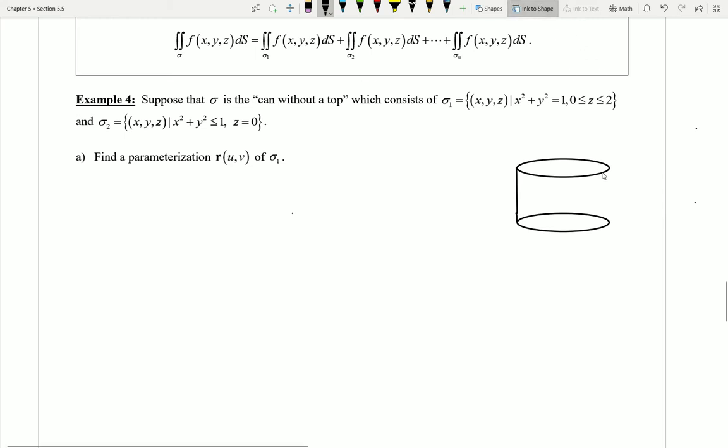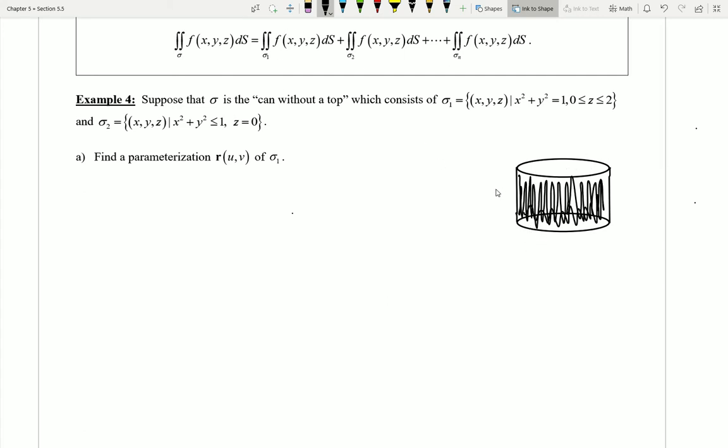But you can imagine what I have here, right? That this right here is going to represent a nice cylinder. And so what we have is a cylinder shape like this, but it's without a top. So we can kind of imagine that maybe everything over here is shaded in. Even the bottom of the can is shaded in, but there's nothing on the top.